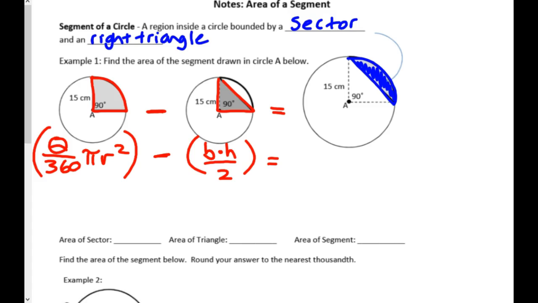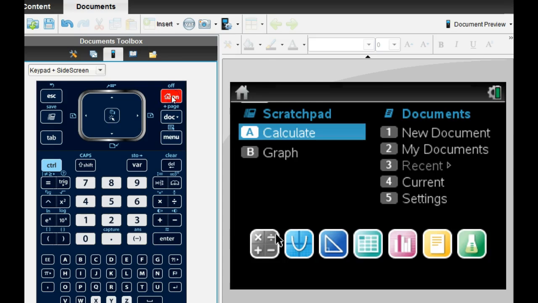So what is theta? What is the central angle right here? 90. So 90 over 360, and then pi r squared. R is 15 squared. So everybody, let's do this first. 90 over 360, pi 15 squared. Type it all in.